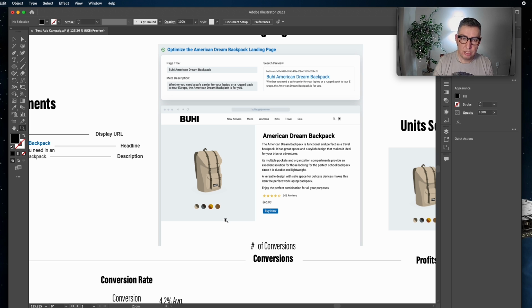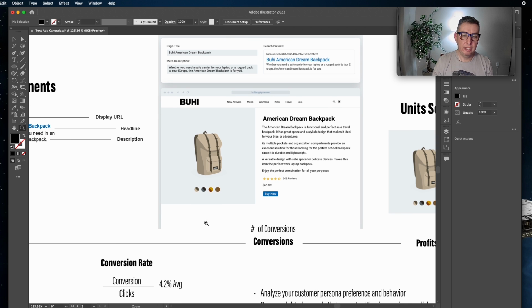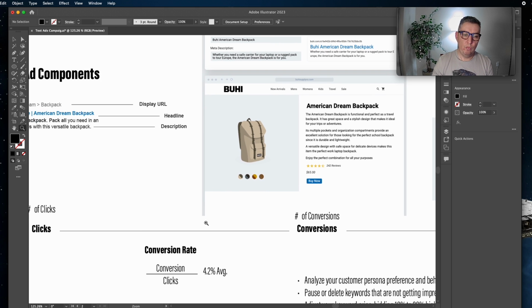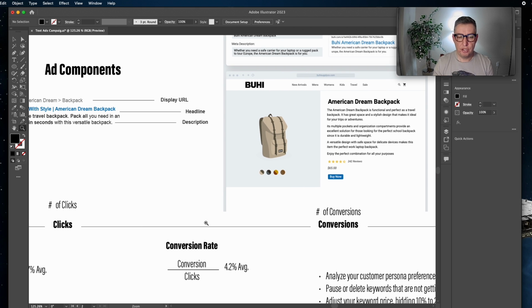It responds to your customers' needs. It satisfies their needs, so they can make a better, more educated decision, and they will end up buying the product.